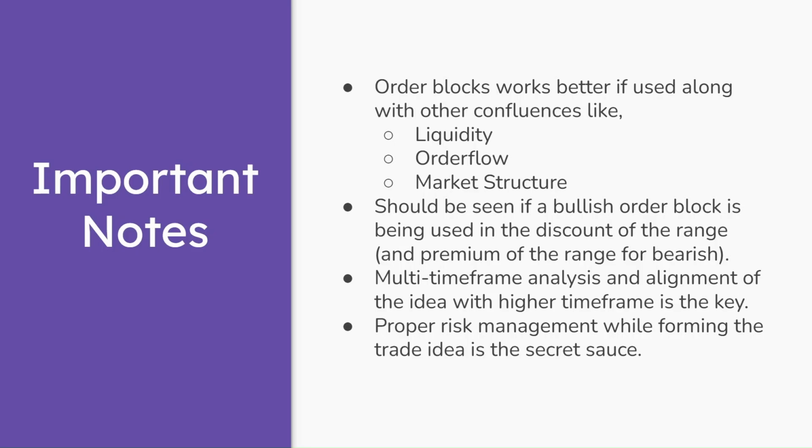What I'm saying is that if you have a clearly identified range and you divide the range into two parts, the upper half being the premium and the lower half being the discount, that's what identifies PD arrays, premium discount arrays. So if you're looking for a bullish order block, you want to look for it in a discount range. If you're looking for a bearish order block, you want to be looking for it in a premium range.